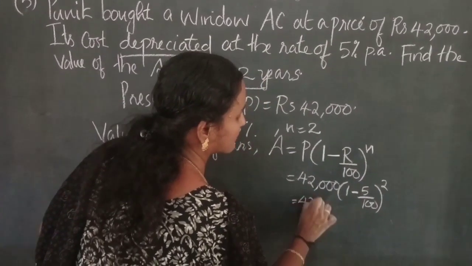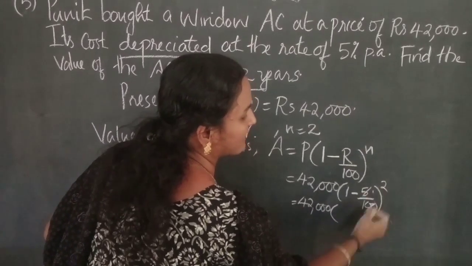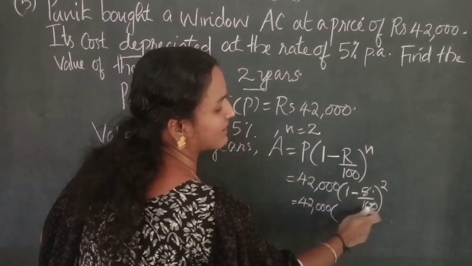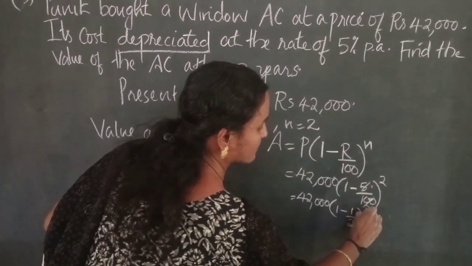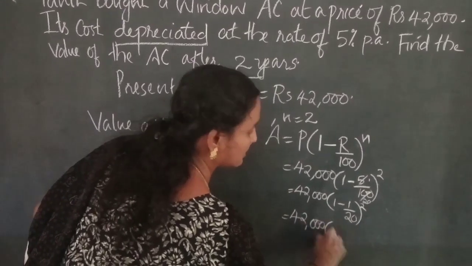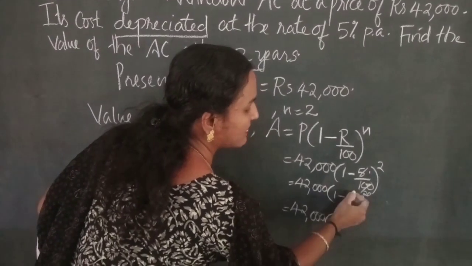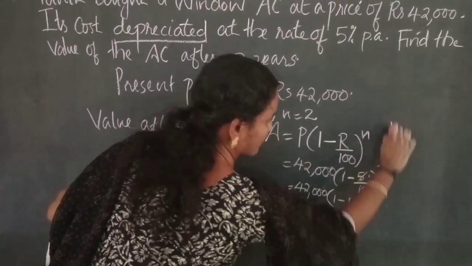So 42,000 into, you can cancel 5 and 100, 1 5 is 5, 2 5s are 10, 1 0. So 1 minus 1 by 20 the whole square is equal to 42,000 into LCM 20 minus 1, 19 by 20 the whole square.